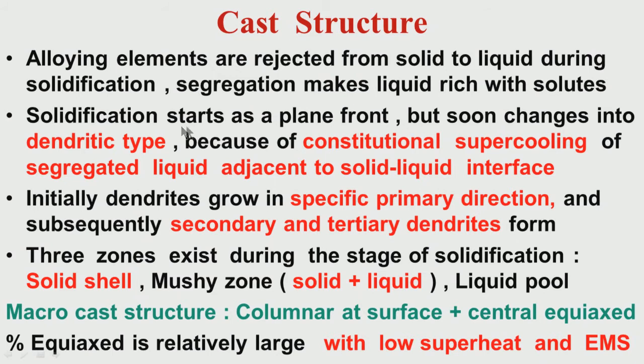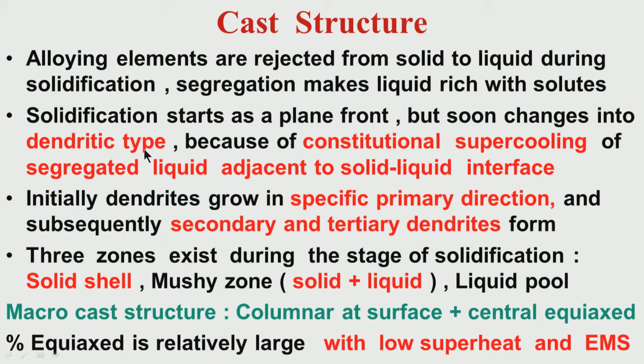But because of this, the solidification front, which was initially a plane front, changes into dendrite. This is very important. Why does dendrite form? If you are solidifying a single pure element, you will not have dendrite; you will have a plane solidification front.